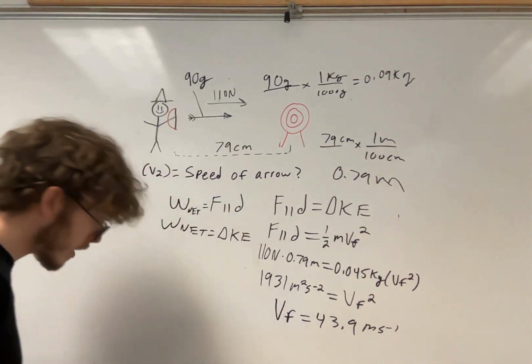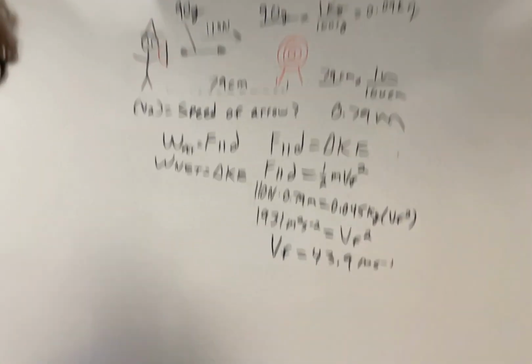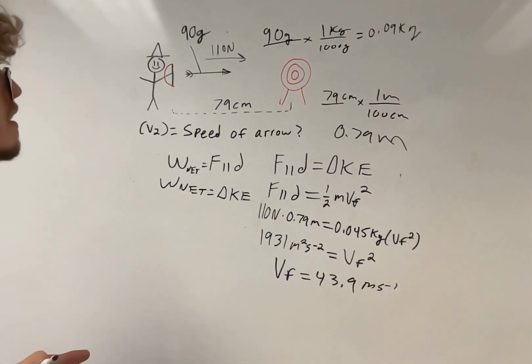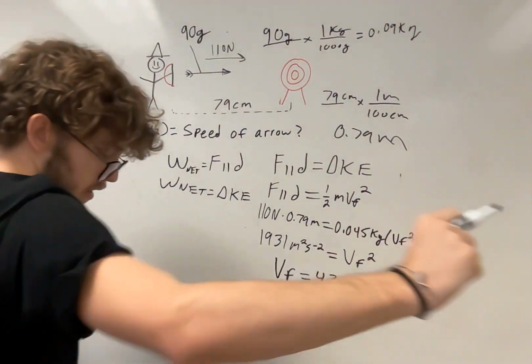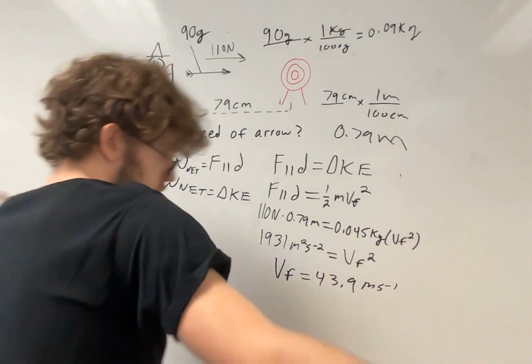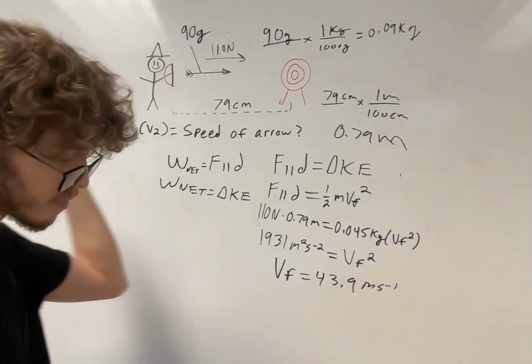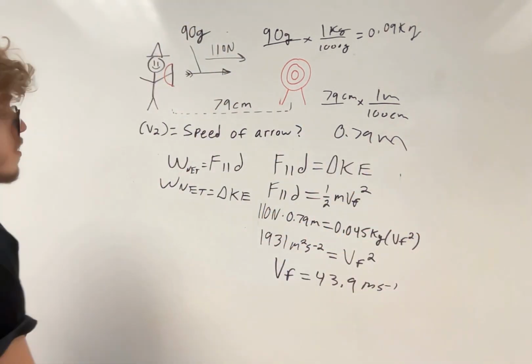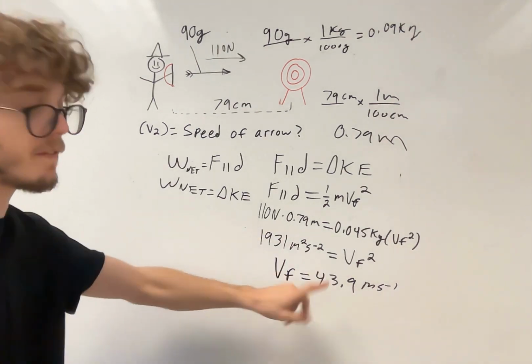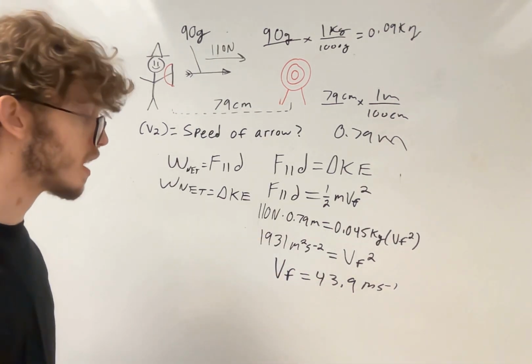And again, does it make sense? Our initial velocity was 0, and it shoots off. It turns all that elastic potential energy from the archer straight into kinetic energy, and the arrow travels with a velocity of 43.9 meters a second.